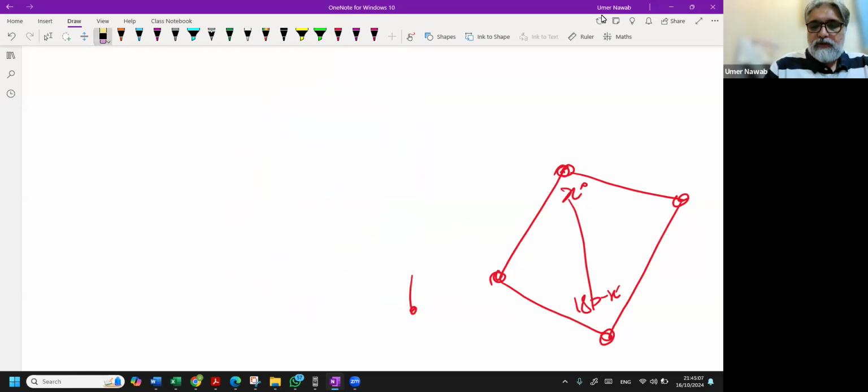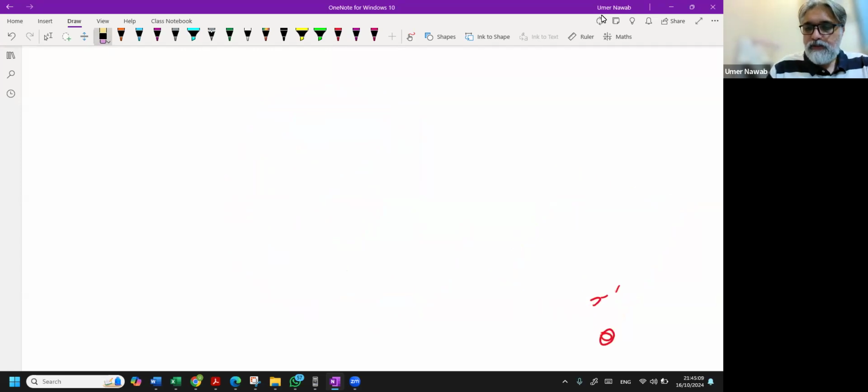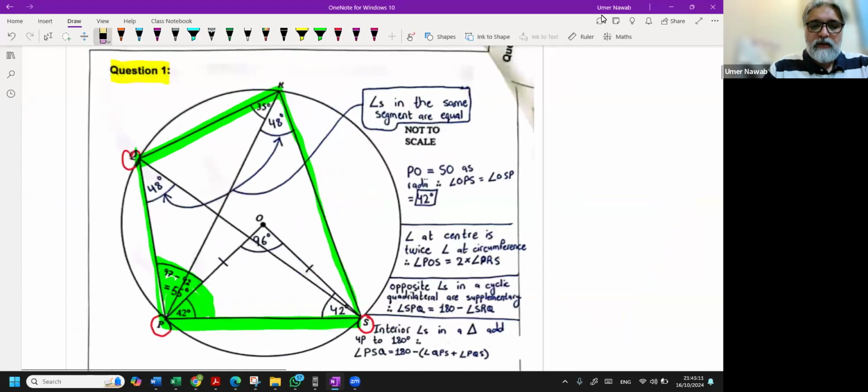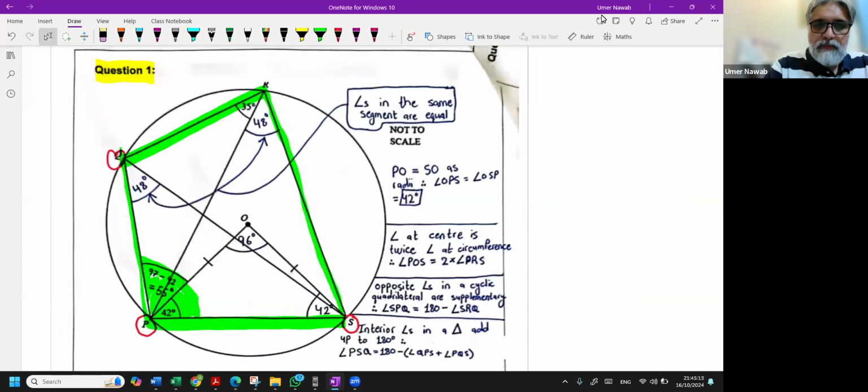Let's move to our question. In the question, you remember, I have just found 48, and the guy already provided you 35, this angle, so I can add them up, 35 plus 48. Then using the cyclic quadrilateral property, you write 180 minus (35 plus 48).